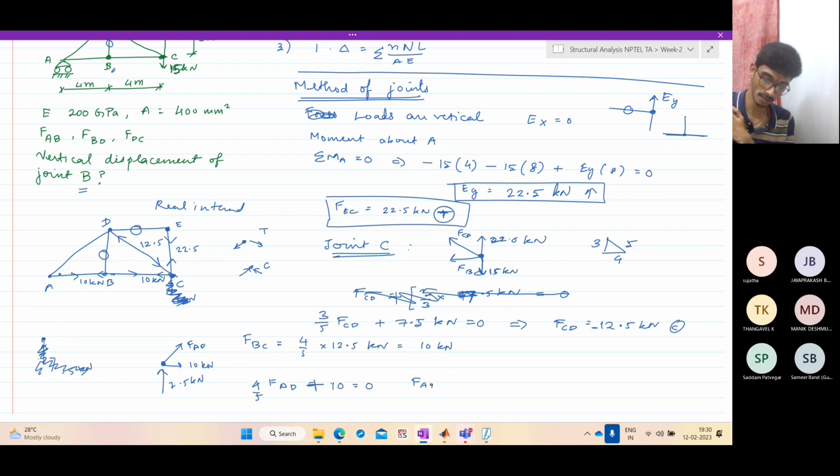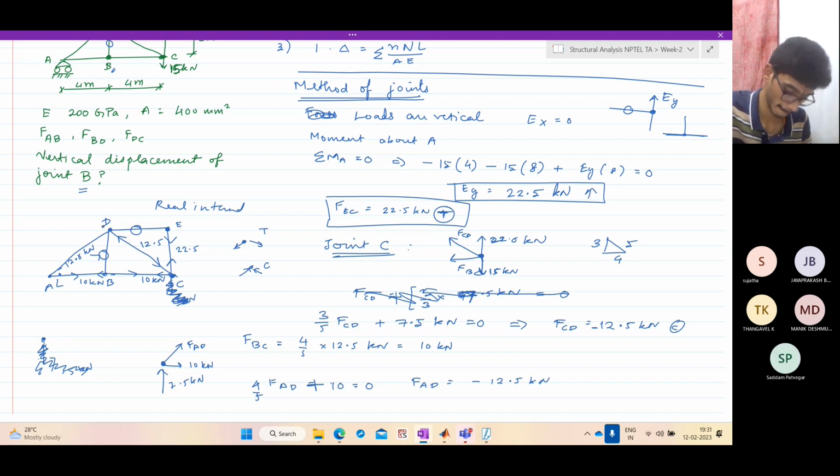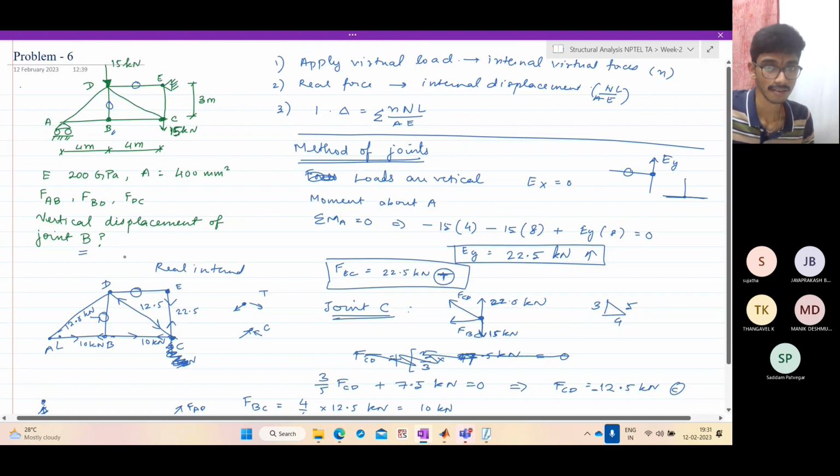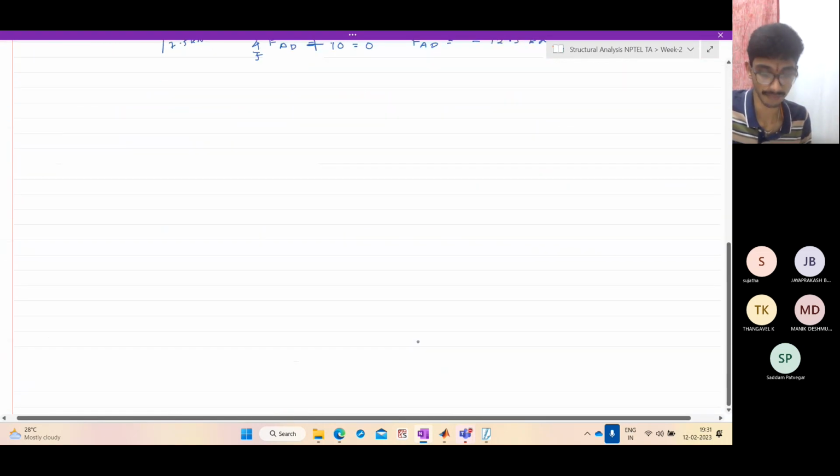So FAD is also equal to minus 12.5 kilonewtons. So 50 by 4, 50 by 2 is 25, so minus 12.5. So this is also under compression. So that is fine. Now we have found all the real forces, right?